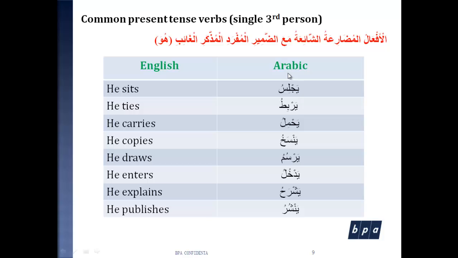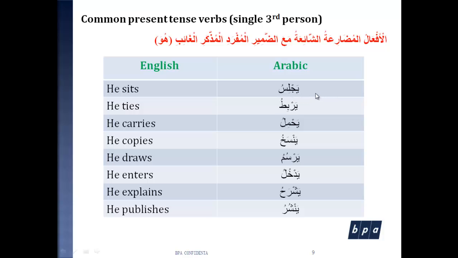It would be great if you could review those in lesson 5 before we start the list here, but I will mention those as I go through the present tense, so you remember them. The first one is he sits. Jalasa. Present is يجلس.